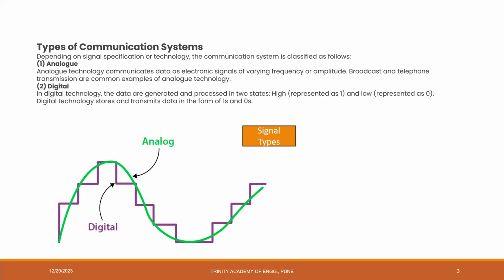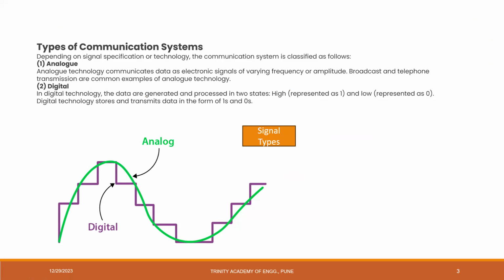Now there are two basic types of communication system. First is the analog communication system and second is the digital communication system. These communication systems are classified according to the input signal. Depending on the signal specification or technology, the communication system is classified as follows: analog communication and digital communication. So what is meant by analog communication?